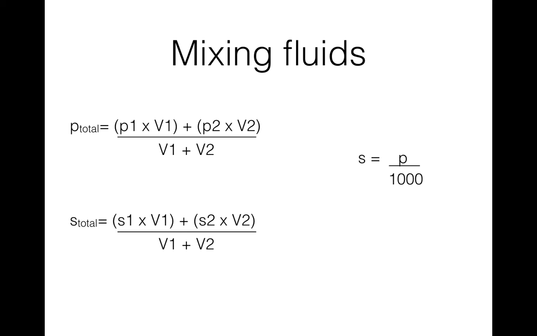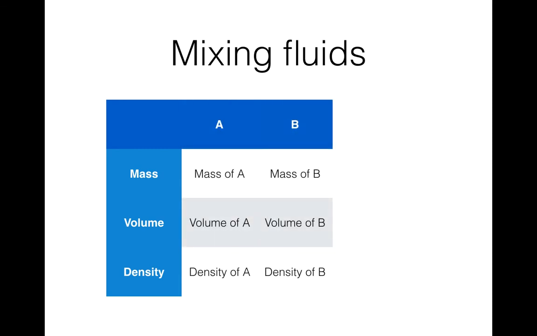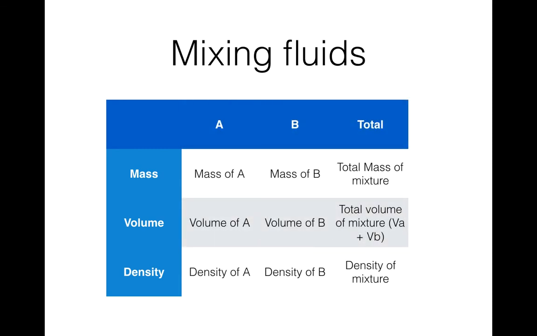Once you have that down, we need to have a look at an example question, but there's a particular layout I like for these questions. I always start off with a table. So the table will have the following. On the left, we'll have the mass, the volume, and the density, and on the top, substance A, substance B, and then the total. So then that's in blue.